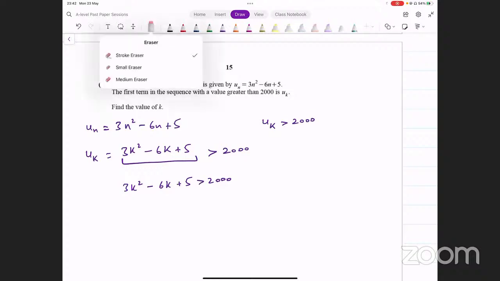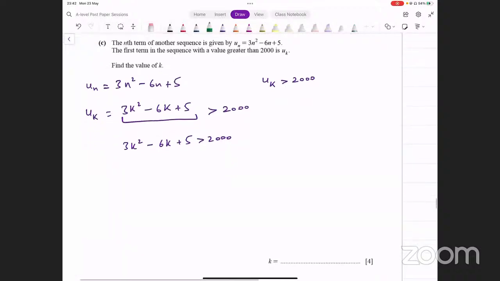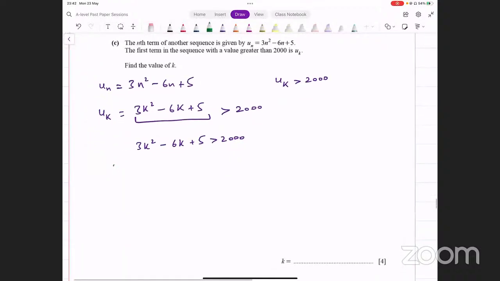So rather than solving this inequality जो हमें करनी नहीं आती, हम इसको as an equation treat करते हैं. We say this is 3k² minus 6k plus 5 equal to 2000. ये equation solve कर लें और देखें आपके पास क्या आता है. 3k² minus 6k plus 5 minus 2000, that's going to be minus 1995 equals 0.